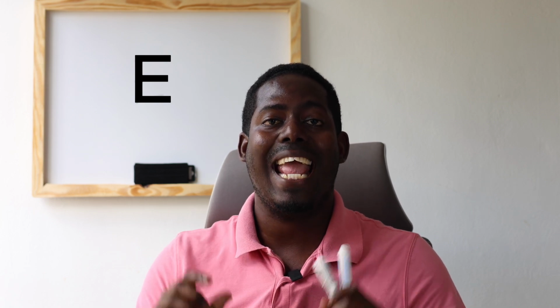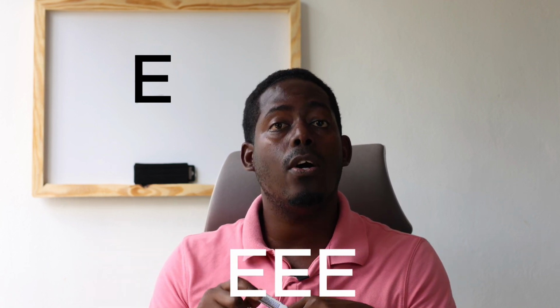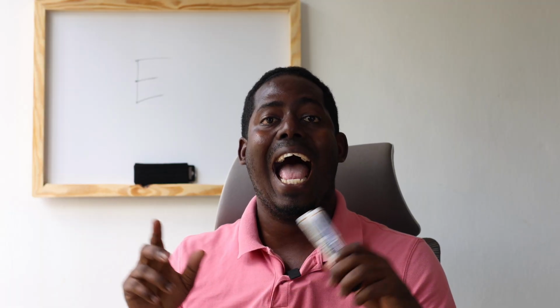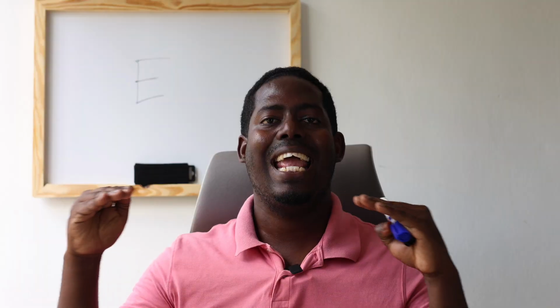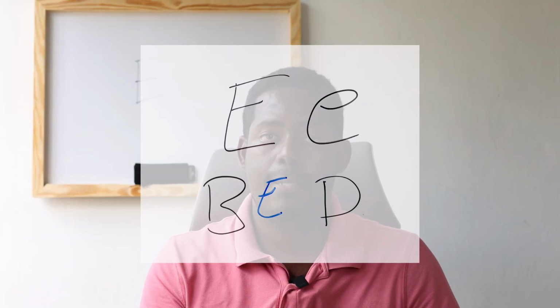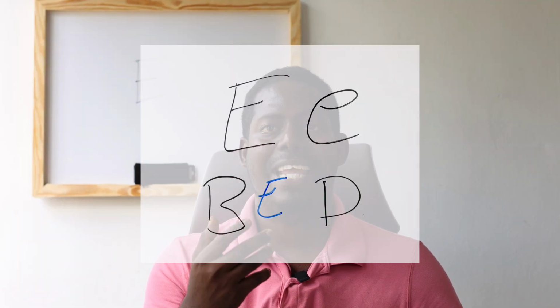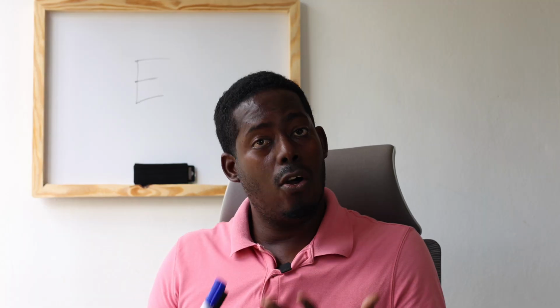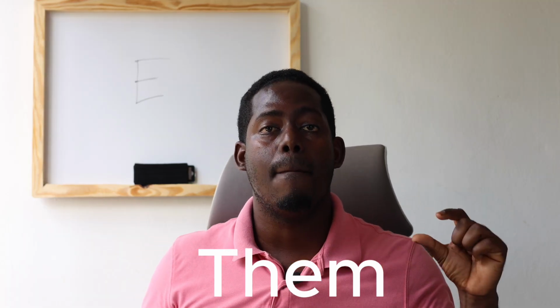It sounds not as open as when you say ah, which is the first vowel, nor as close as when you say ee. No, no, no, right in the middle. So eh, like in bed, for example, in get, also in them. Eh, that is the sound.